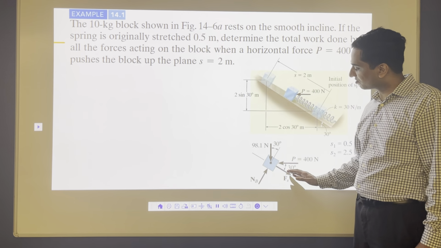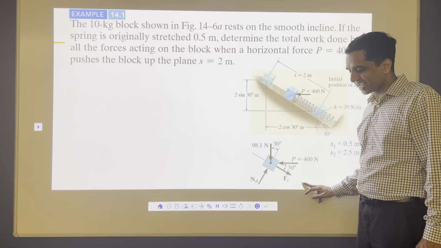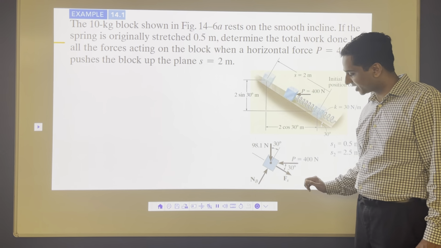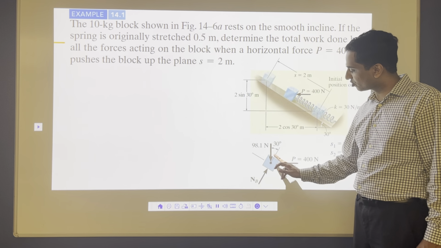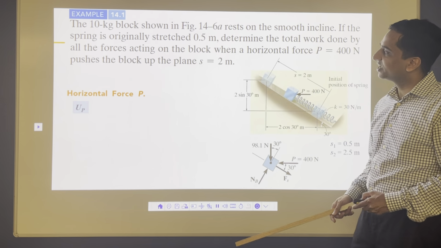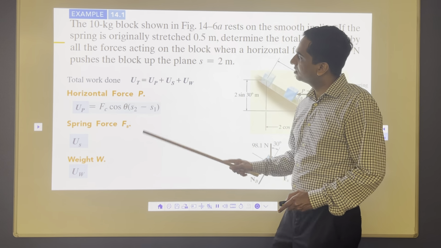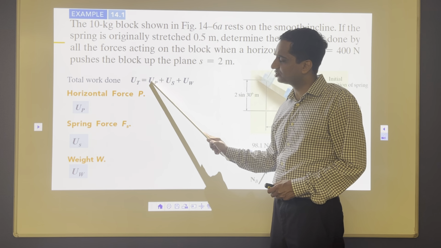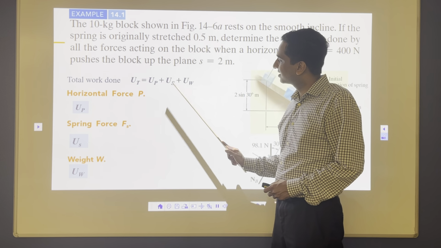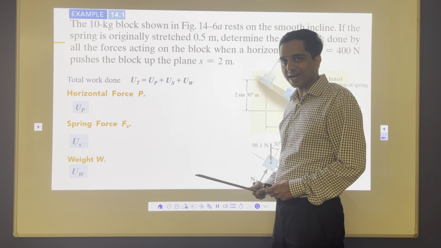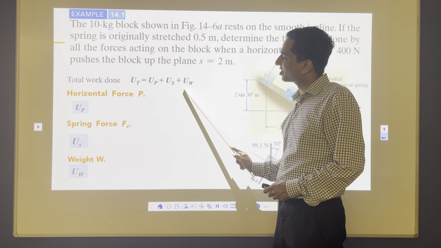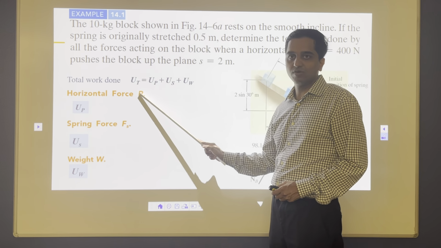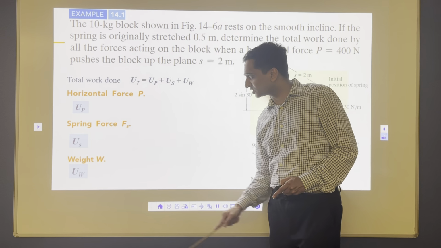The only contribution to work done is along the line of the movement. So these three forces are going to contribute: the constant force, the spring force and the weight, gravity. I have to find the value for each of these and put that value here, and then I'll get the total work done. So the first part is easy.